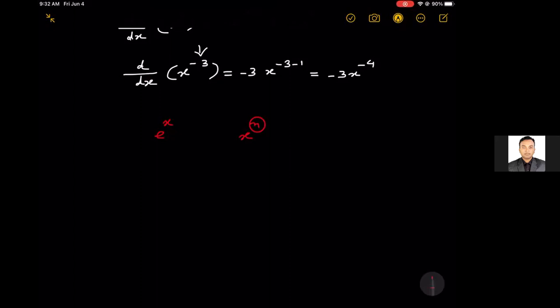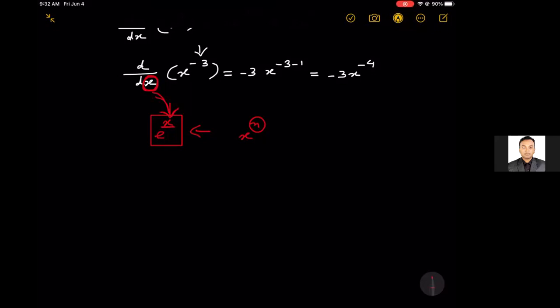In this one, it looks pretty similar, right? But here you can see I have x as the exponent. I have the independent variable, in terms of what I was actually trying to find the derivative of, as the power, as the exponent.